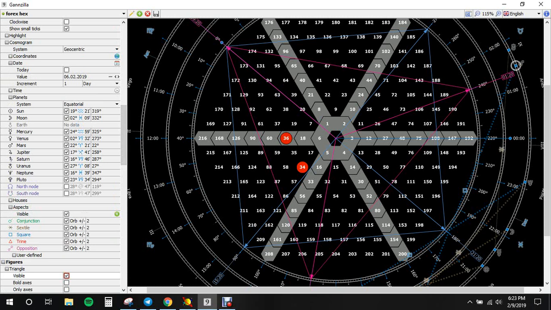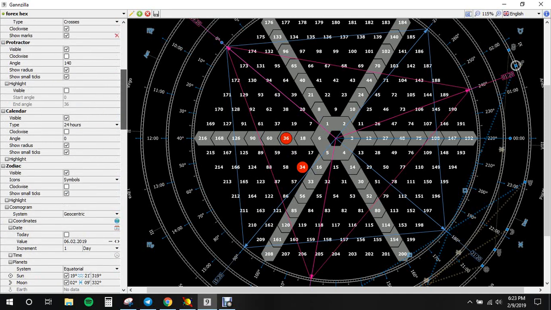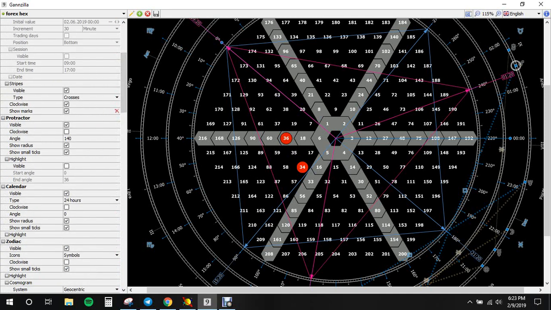It might be more in line, but nevertheless it is a cardinal cross on the hexagon, one of the main vectors of the hexagon. So you want to take note when price is hitting these cardinal points, which you can change in here under these stripes. Switch it to levels.